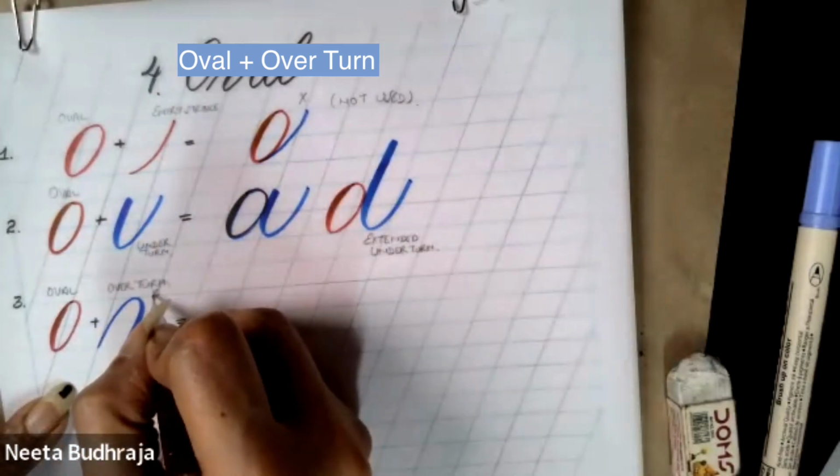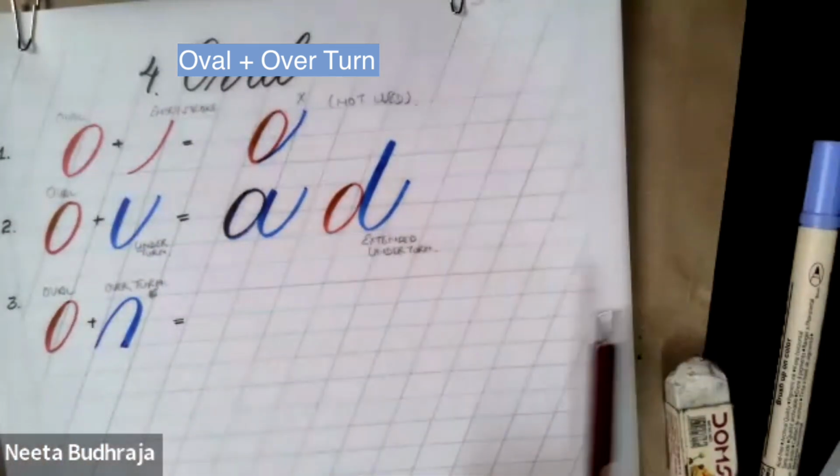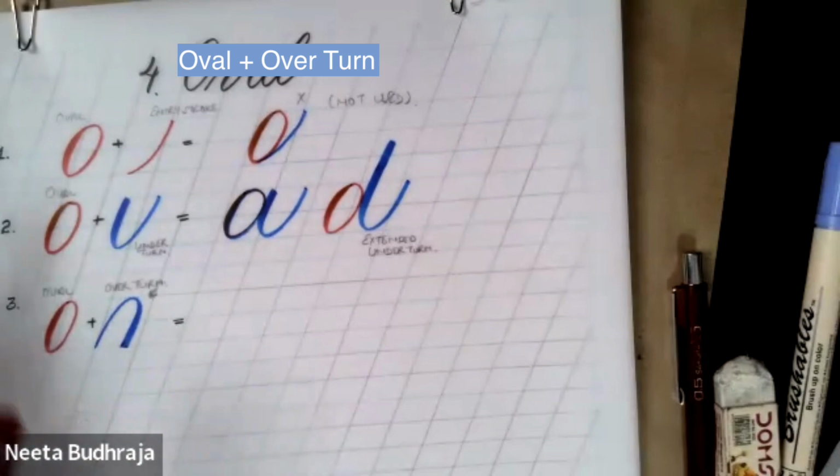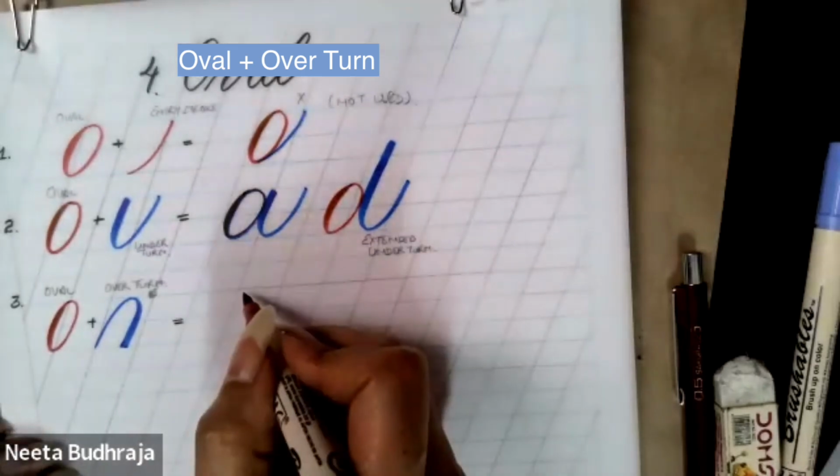Let's put an arrow so that we are not confused between this and this stroke. And now when we are joining it together, any idea which letter or connection can be formed?